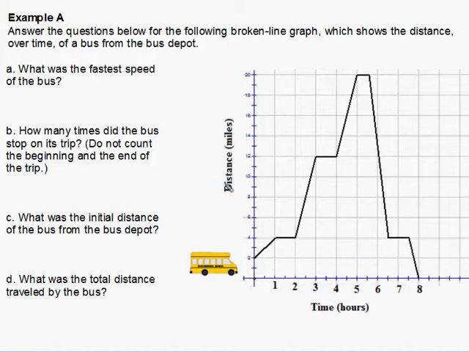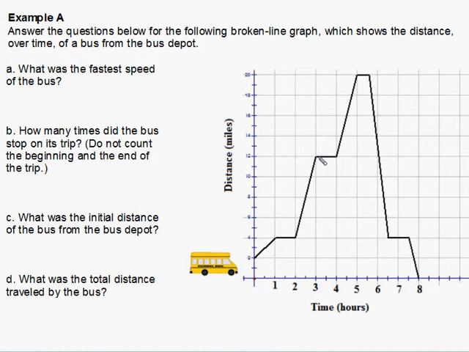What is the fastest speed of the bus? Well, we look for the steepest line. Here I'm going up 4 and over 1. And here I'm going down 1, 2, 3, 4, 5, 6, 7, 8 and over 1, basically.